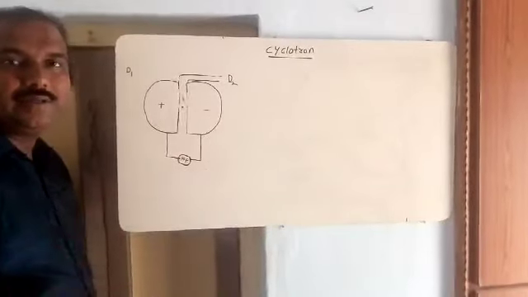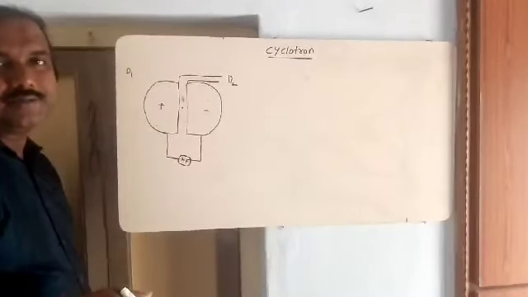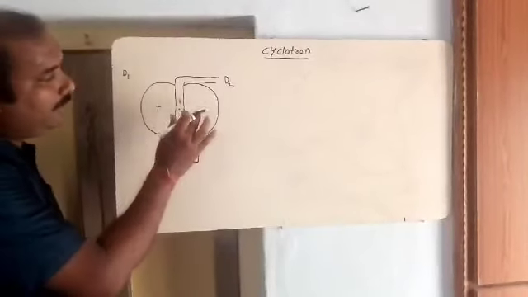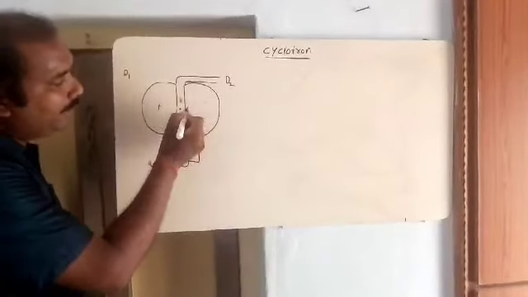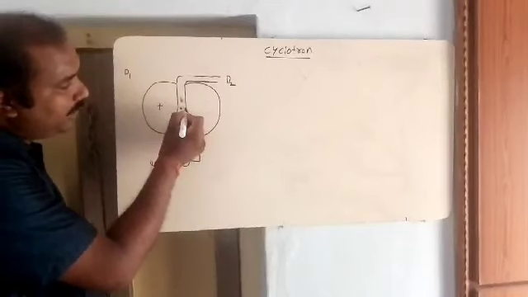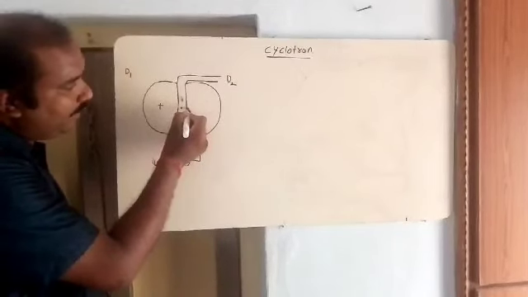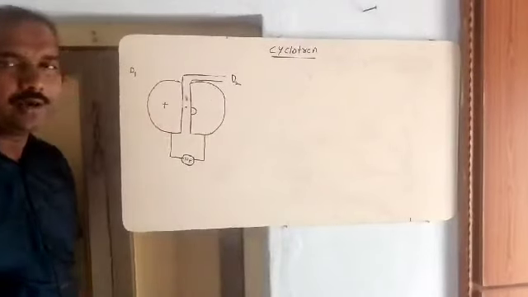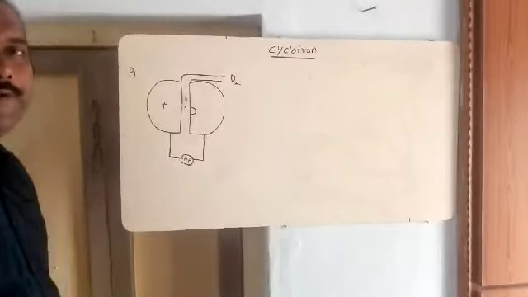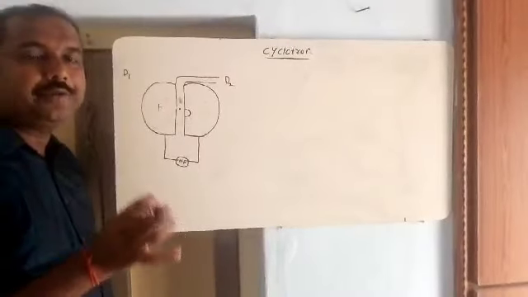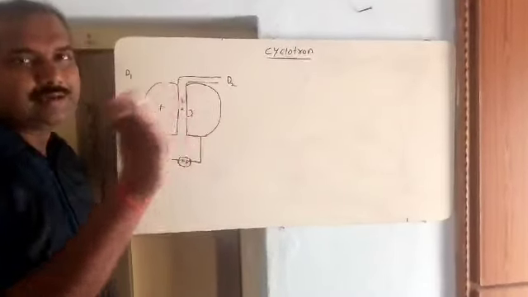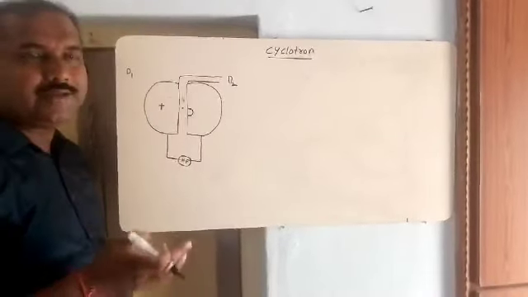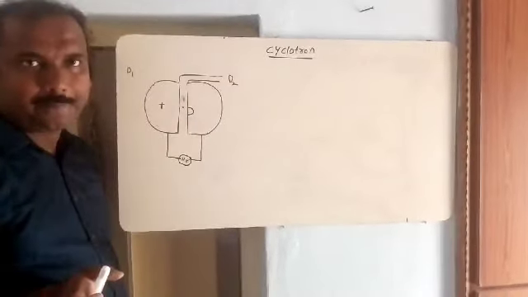But because of this magnetic field, this charged particle moves in a circular path like this. I already told you, when a charged particle enters into a magnetic field, it takes a circular path. But the electric field has no effect. That is the reason it is moving with constant speed.